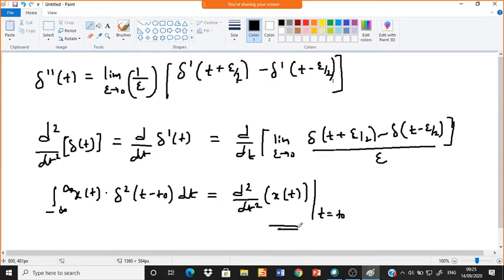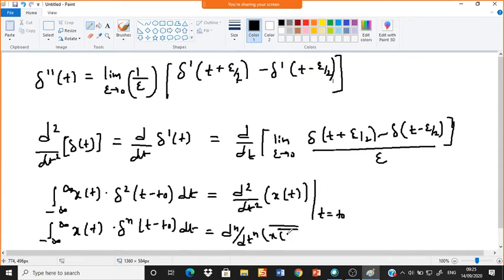In a similar way, for the nth derivative, integrating from minus infinity to plus infinity of x of t into del power n of t minus t naught dt, we can define it as d power n by dt to the n of x of t, only at t equal to t naught.